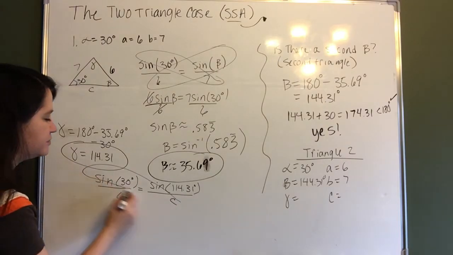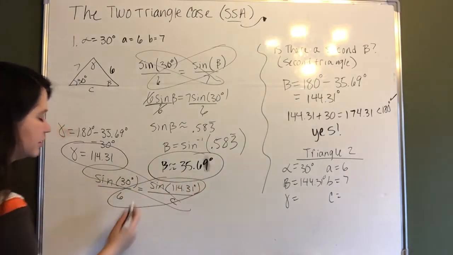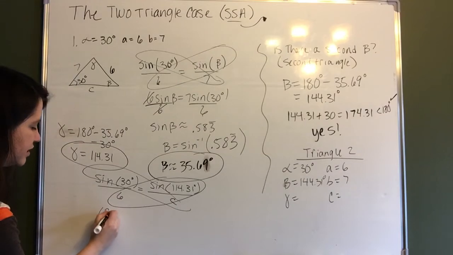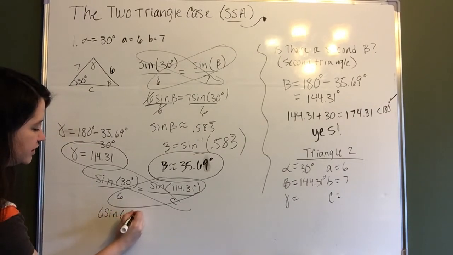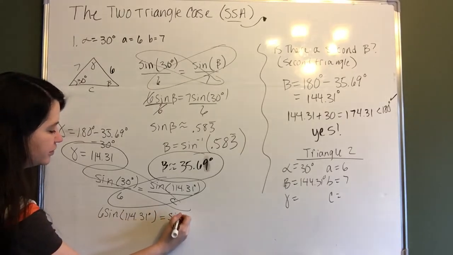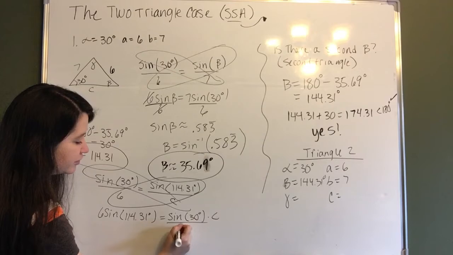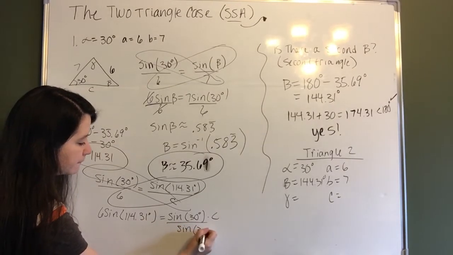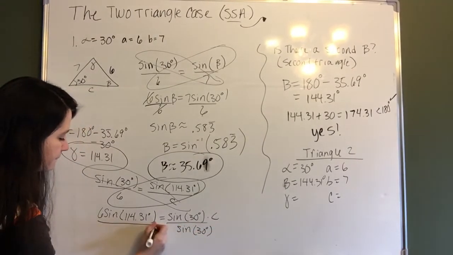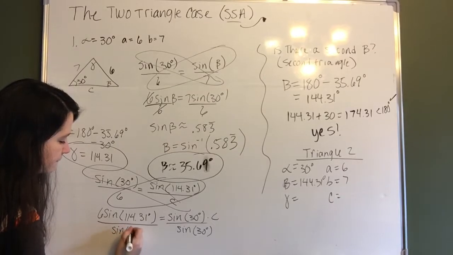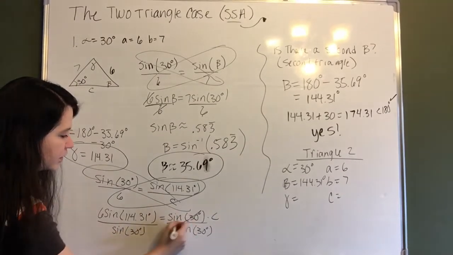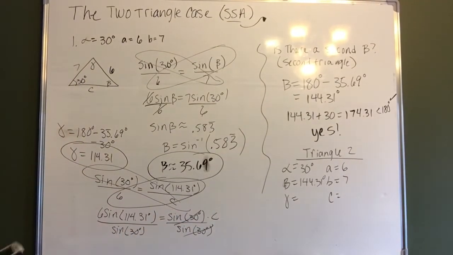All right, we're gonna cross multiply. So 6 times the sine of 114.31 degrees equals sine of 30 degrees times C. And then we divide. Okay, so now you want to type that into the calculator.